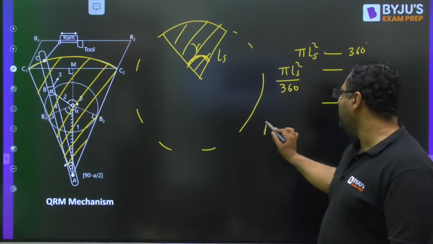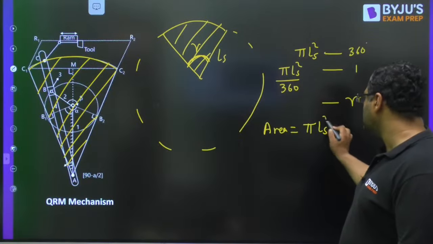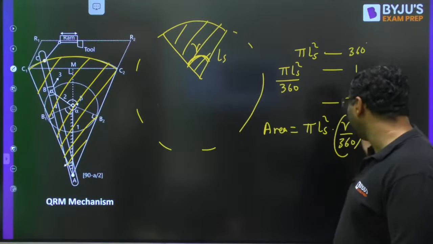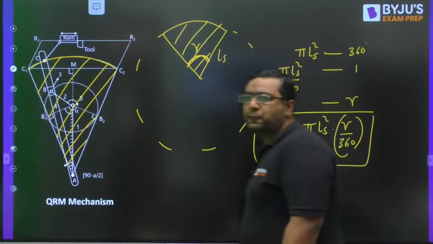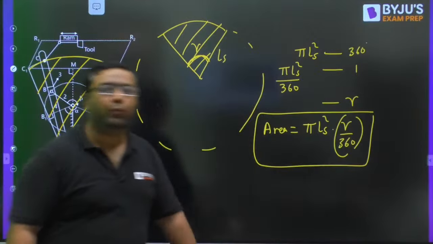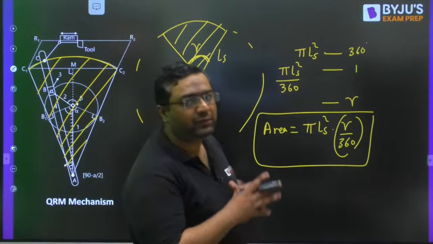So for gamma degrees, the area swept will come out to be pi LS squared into gamma by 360. If you put the values in degrees, this is how it works; if you put it in radians, then you will use 2 pi.